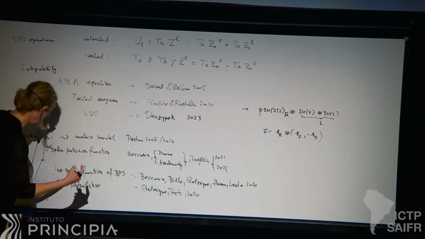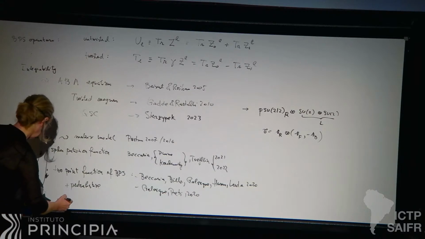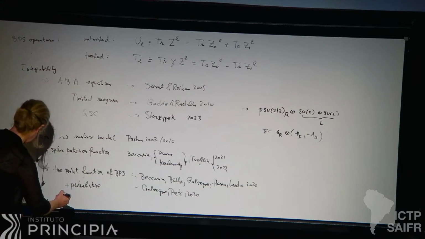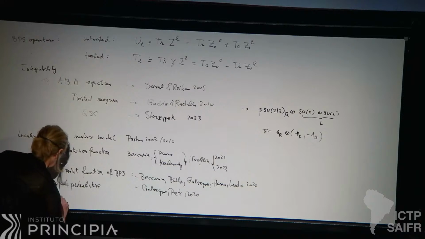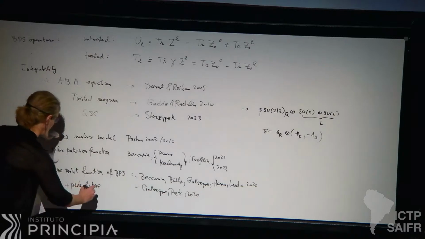The last computation, which was done recently in 2022, is the three-point function of the same BPS operators.